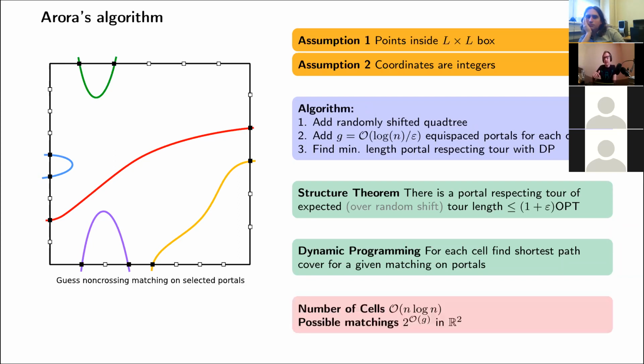Okay. So the number of states in this dynamic programming is the number of cells, which is n log n. This is the number of cells in this quad tree. The number of guesses of these portals is (log n over epsilon) to the g, and the number of possible non-crossing matchings is also 2 to the g.